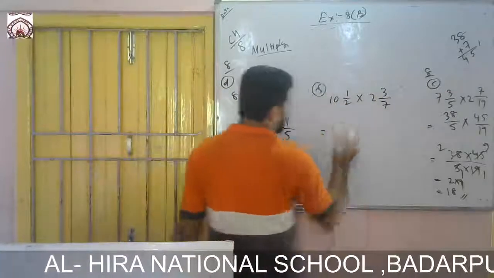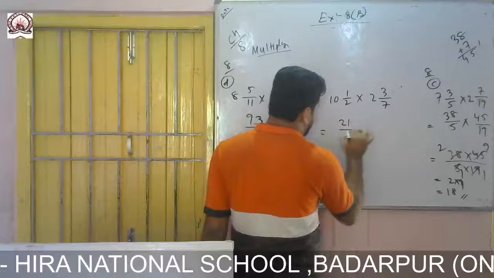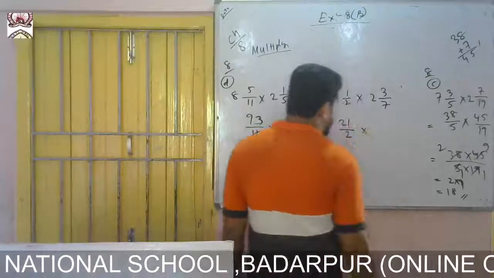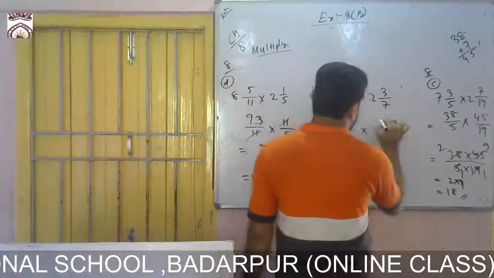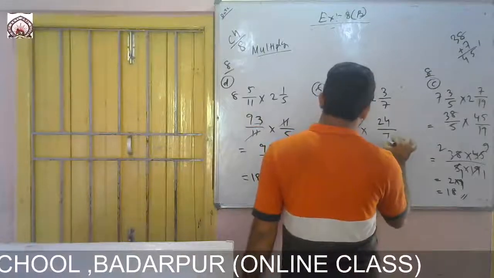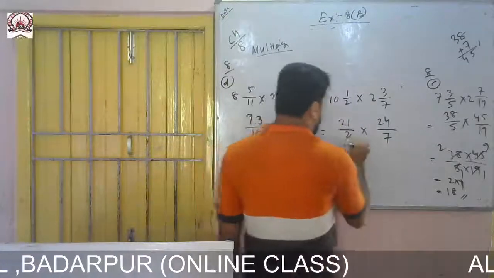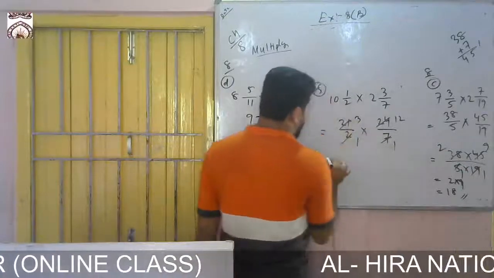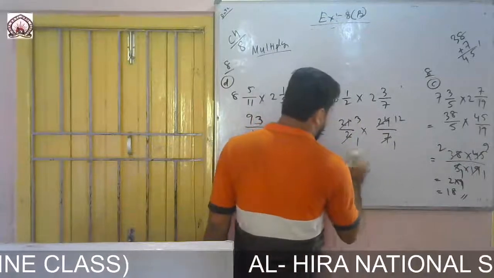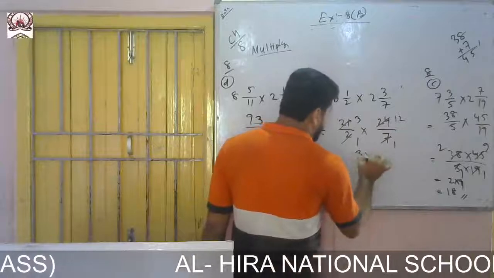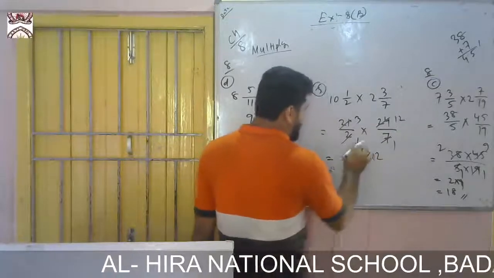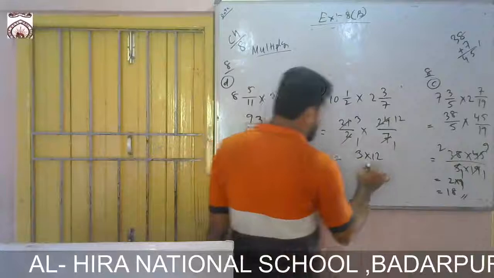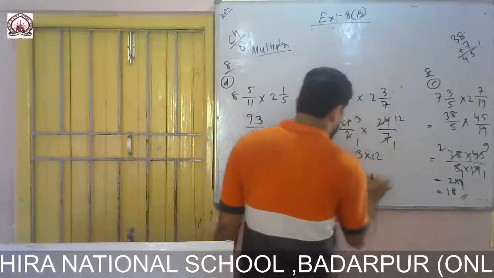So it is what? 10 2 are 20, 20 21 by 2 into 3 7 are 21. 21 plus 3 it is 24. 24 by 7. So this one 2 1 are 2, 2 12 are 24, 7 1 are 7, 7 3 are 21. So 12. So what? Here 3 into 12, and 1 into 1 it is 1. So I am not writing. So answer is what? 36.